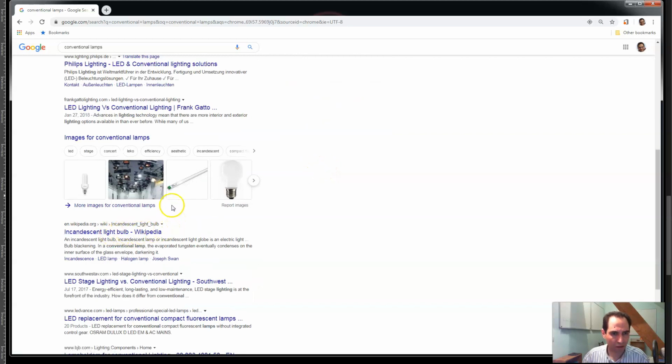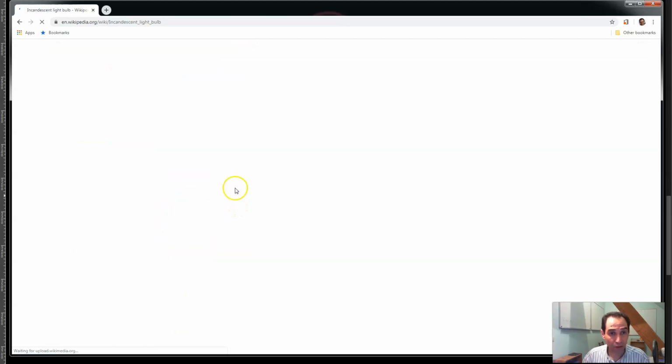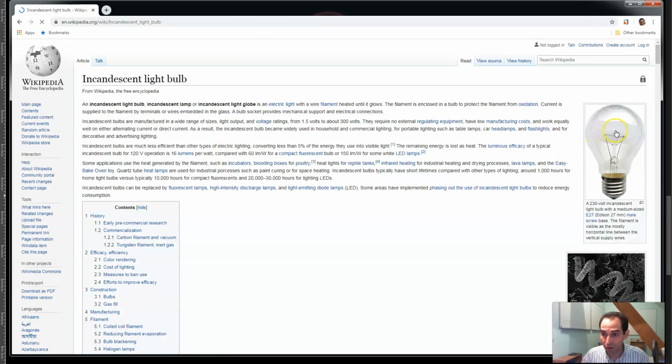Incandescent light bulb. That is actually an incandescent light bulb, right? So as long as you have this kind of lamp, you can connect it to either DC or AC. It works.